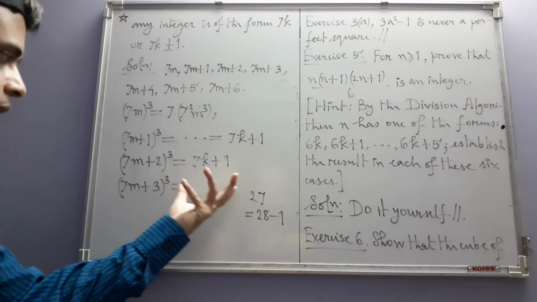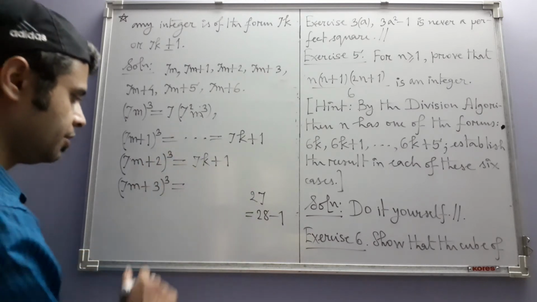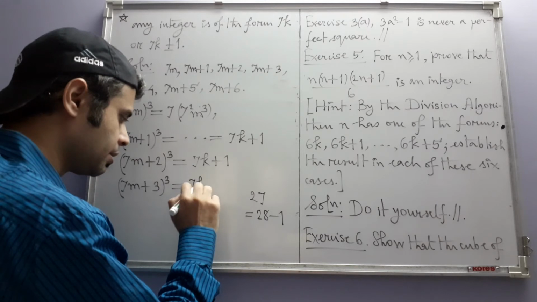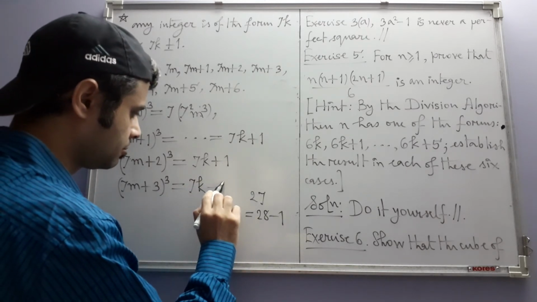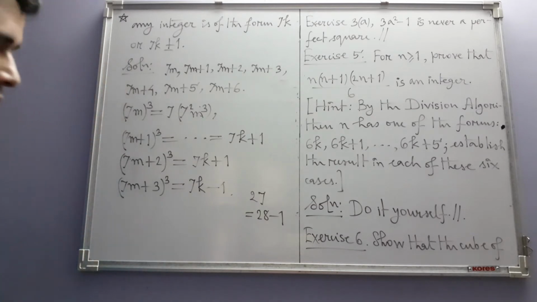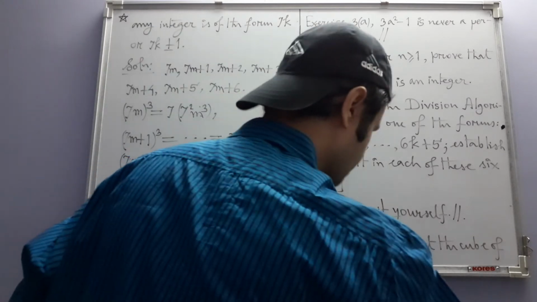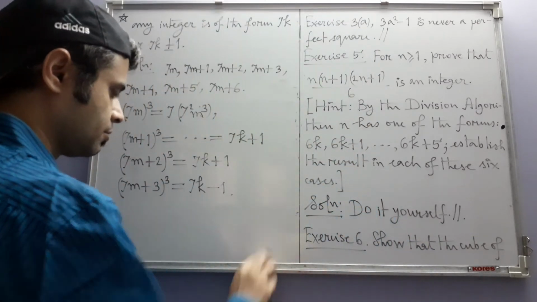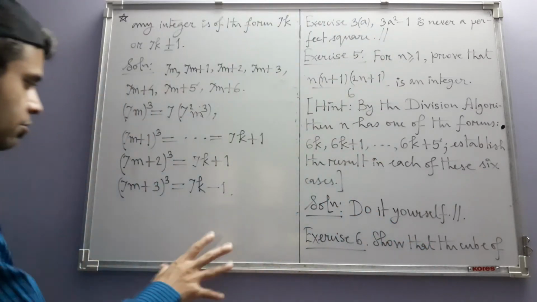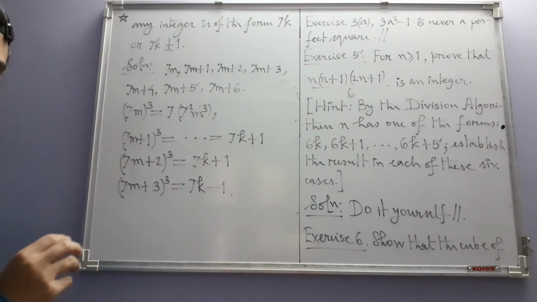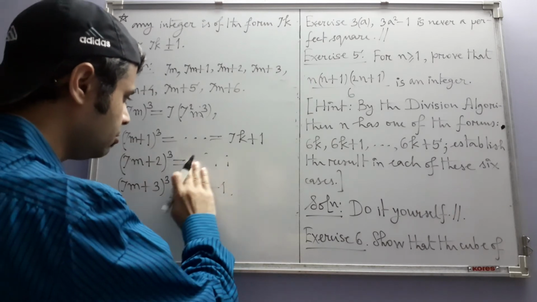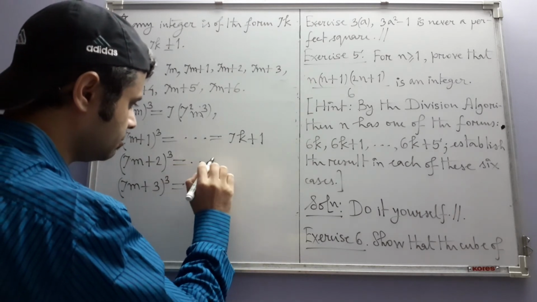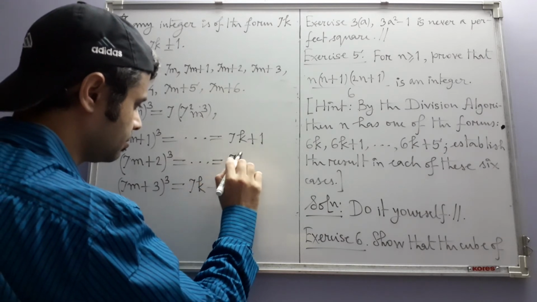This along with the other multiples of 7 gives us one multiple of 7 minus 1. So do you see how the actual expansion in the end does not matter, although we do have expressions in between.